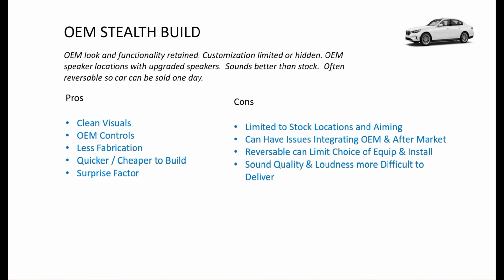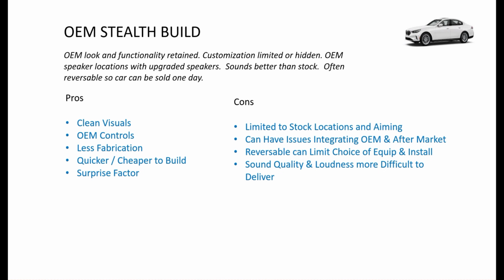So the steering wheel controls all work, the phone and navigation stuff all works, the car door chimes and dings all work as if it was a stock car. You are going to be using, for example, the stock speaker locations. Unlikely to be having speakers sticking out of the pillars, and things like that that you might have in other builds.